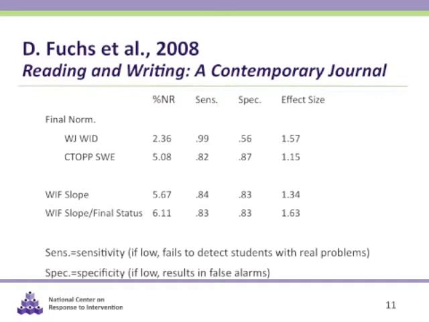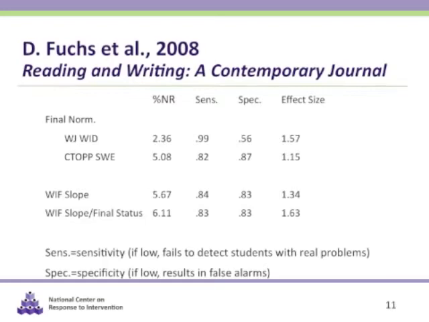If we look at sensitivity and specificity with respect to end of second grade reading disability status, we see that that method for designating response at the end of first grade identified students who turned out later to be reading disabled. But in terms of specificity, it designated many more students who actually turned out to be okay at the end of second grade and erroneously designated those students as unresponsive.